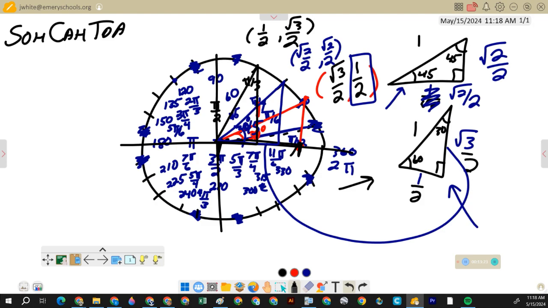Now what about the 90-degree angle? What are the coordinates of that point? 0, 1. The radius of the circle is 1, so that point is just 0, 1, which means the 0-degree angle has the coordinates 1, 0.